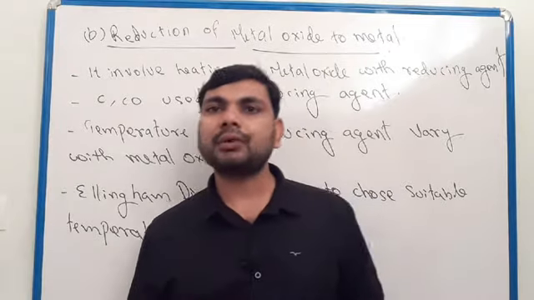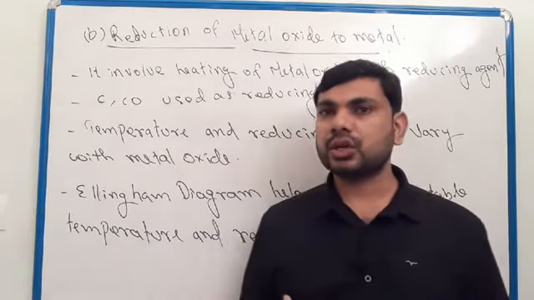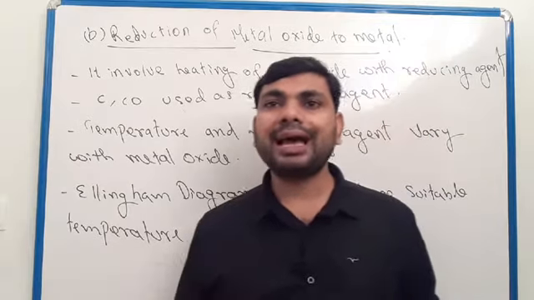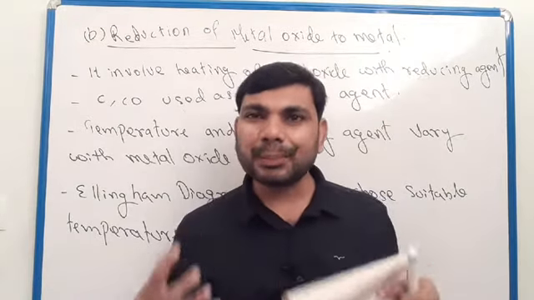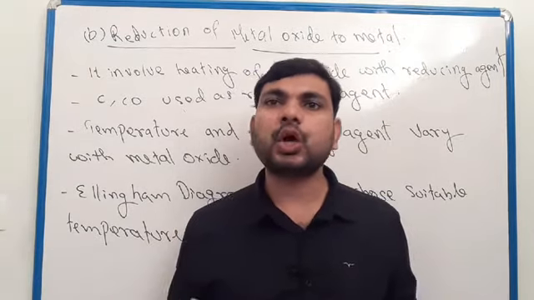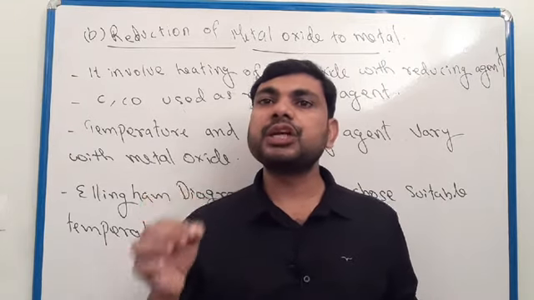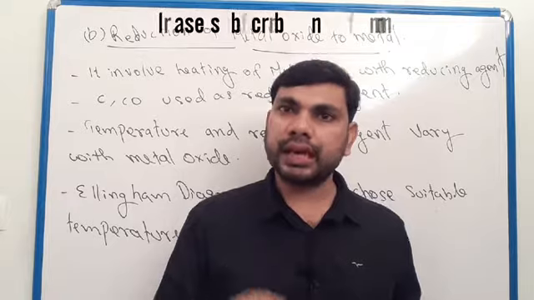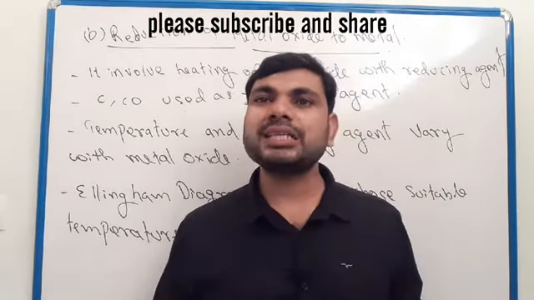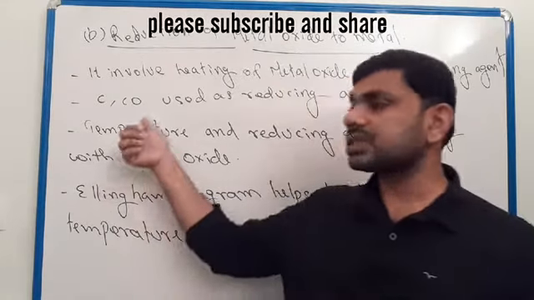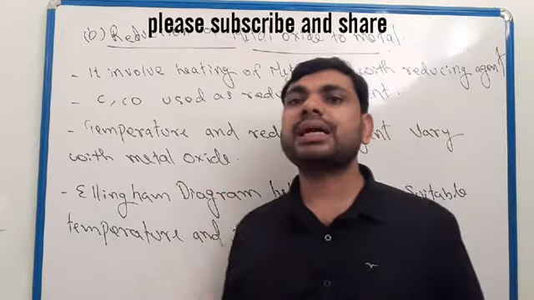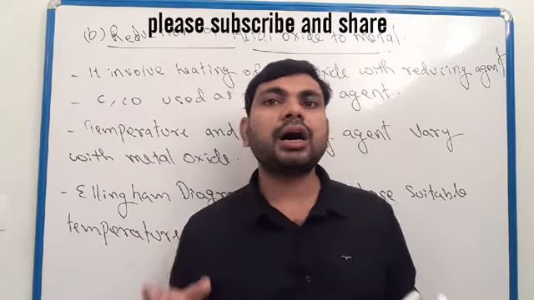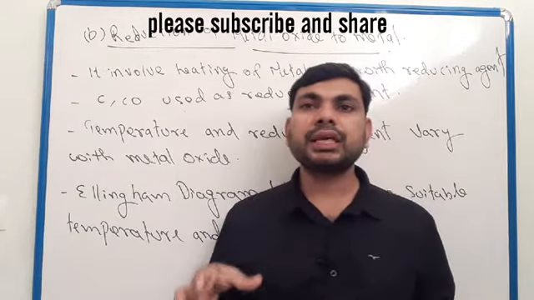Here in reduction, we take the metal oxide, mix it with a suitable reducing agent, and heat very strongly. Carbon or carbon monoxide is used as reducing agent.